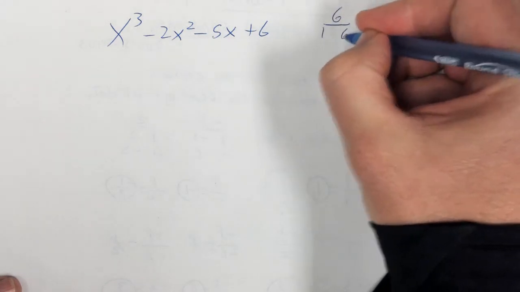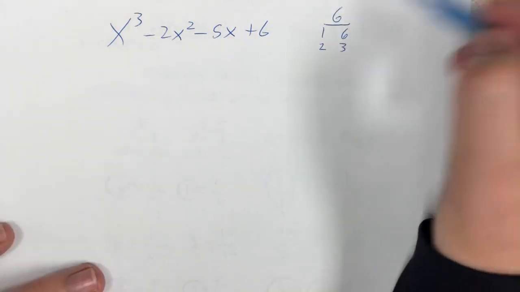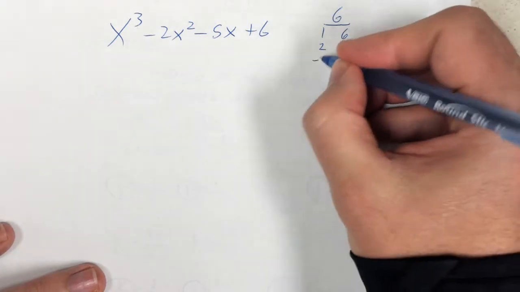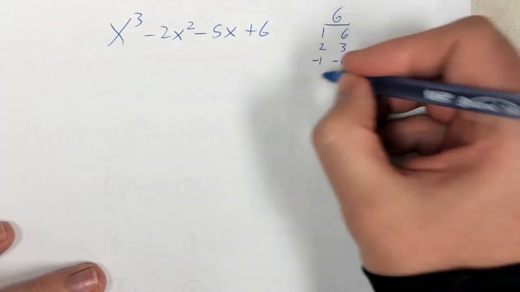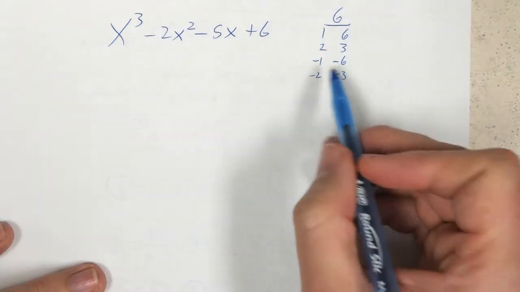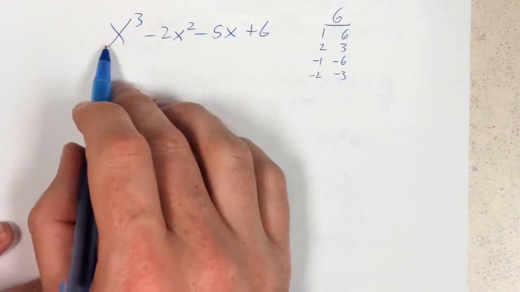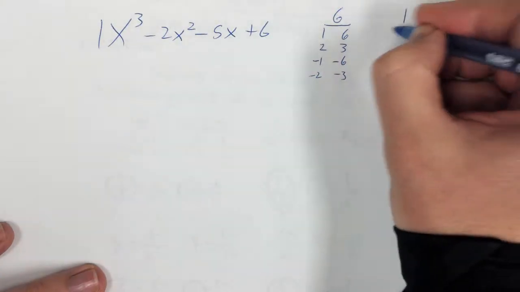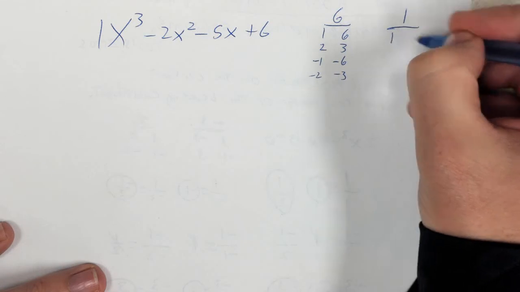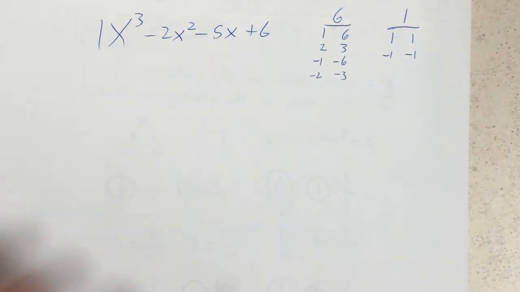We've got 1 times 6, 2 times 3. All right, those are the positives, but we have -1 times -6, -2 times -3. All right, so can't forget about the negative versions. And then our q, anything attached here, it's a 1. Well, the only way to multiply to get 1 is 1 times 1, and -1 times -1.